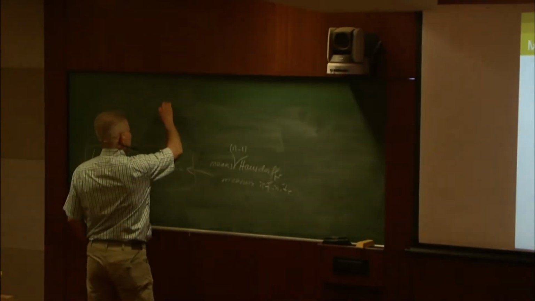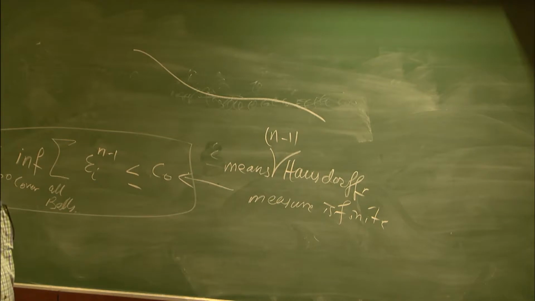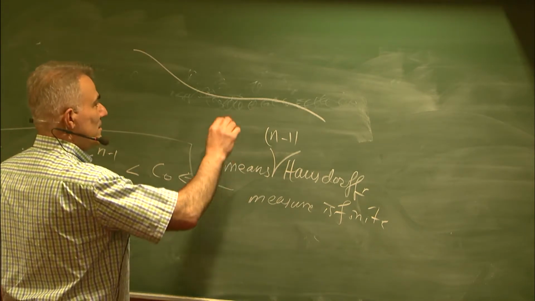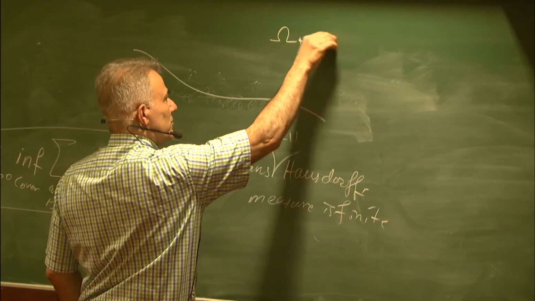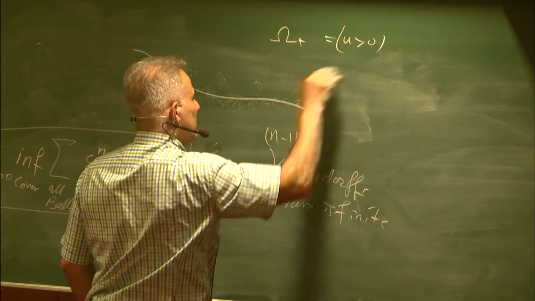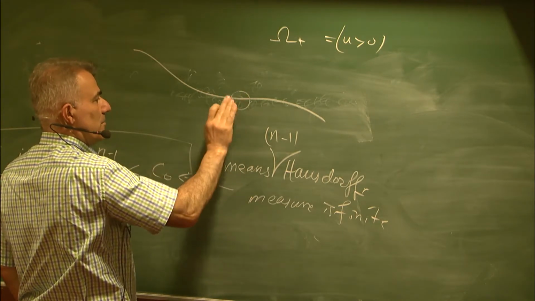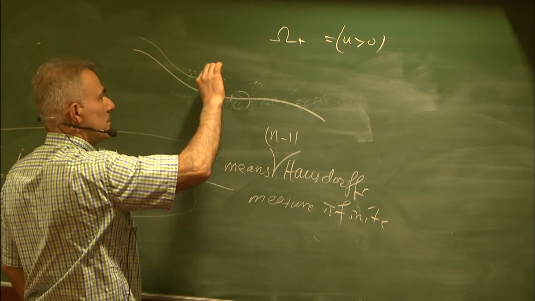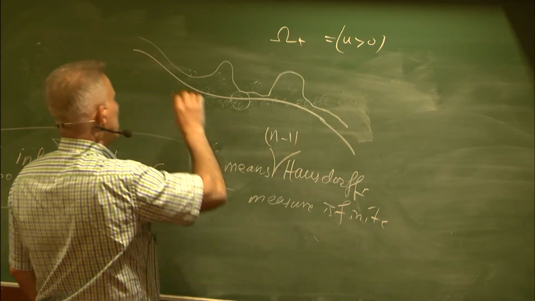So again, we're just drawing a nice picture, which is easier to see. And then inside omega plus, here's omega plus, the function is positive. Here, I'm taking all points here.